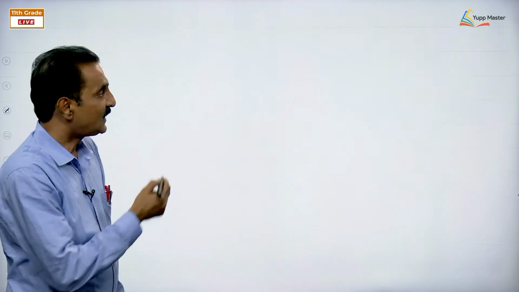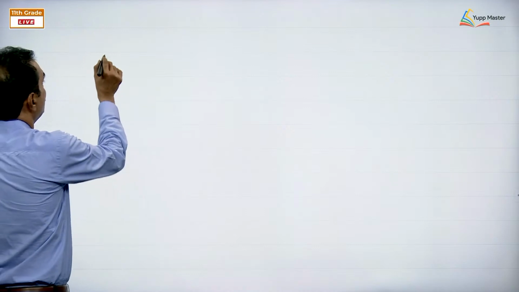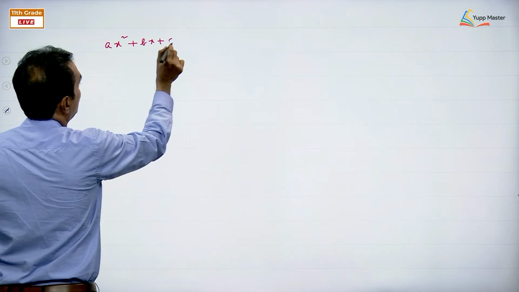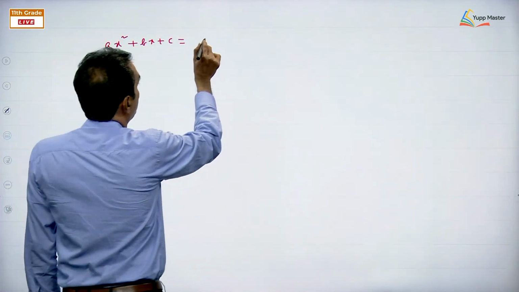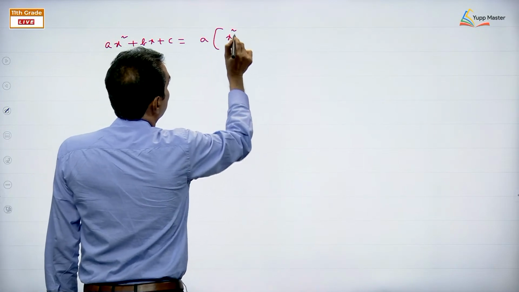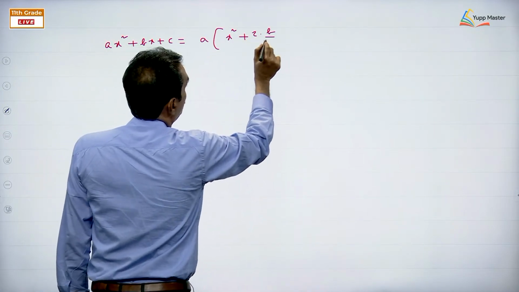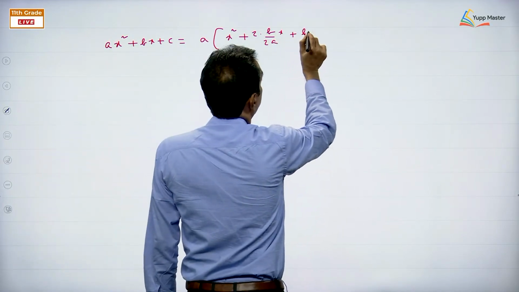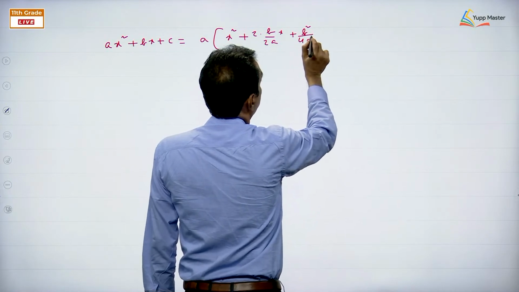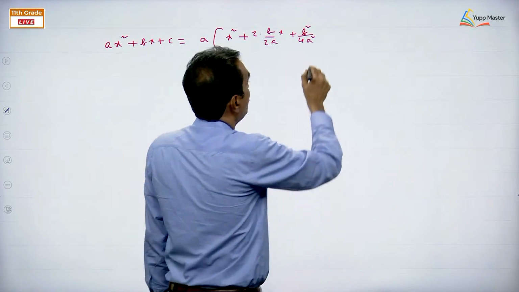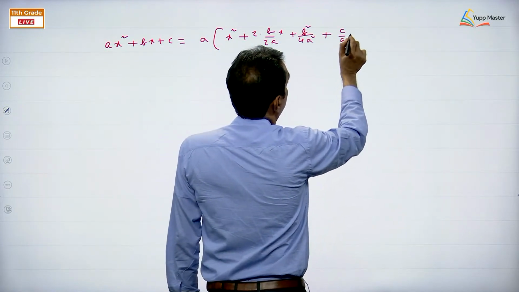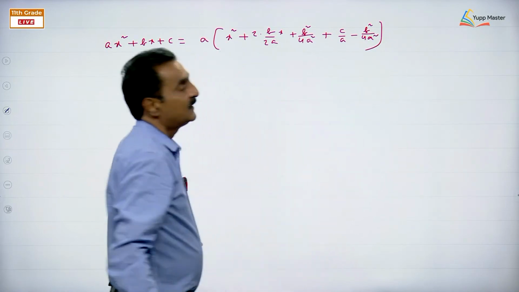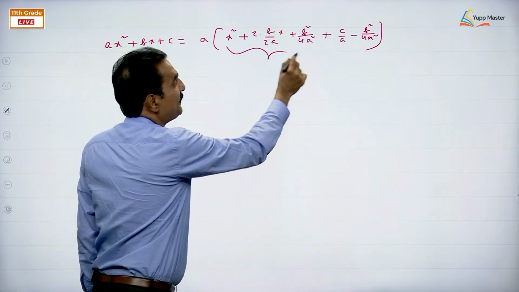Now, I will write it on the next page. ax square plus bx plus c is equal to what? a into x square plus 2 into b by 2a into x plus b square by 4a square plus c by a minus b square by 4a square. Now, first 3 terms will become a perfect square.